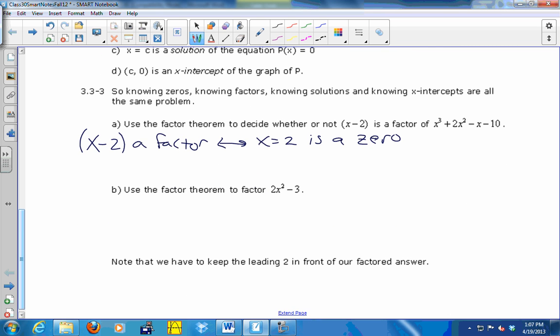If I plug a 2 into my polynomial, 2 cubed plus 2 times 2 squared minus 2 minus 10, what am I looking to see if that equals? 0. So I've got 8 plus 8 is 16, minus 12 is 4. So 2 is not a 0, which means x minus 2 is not a factor.